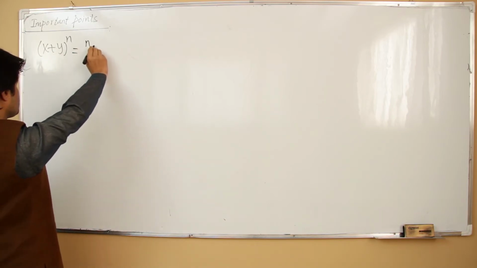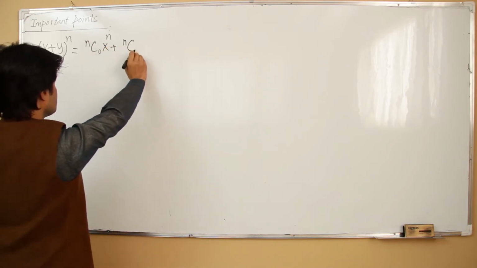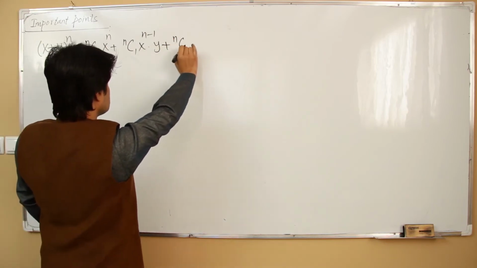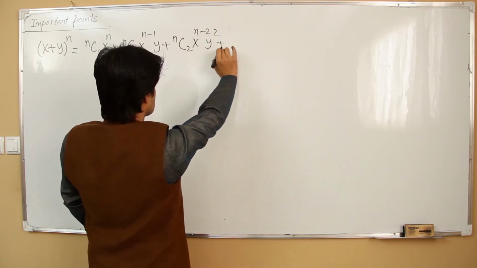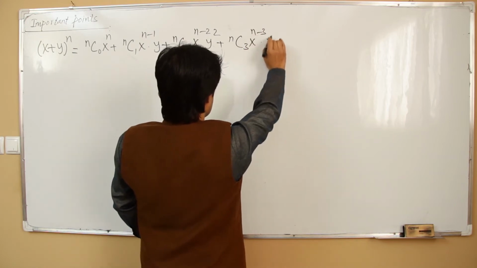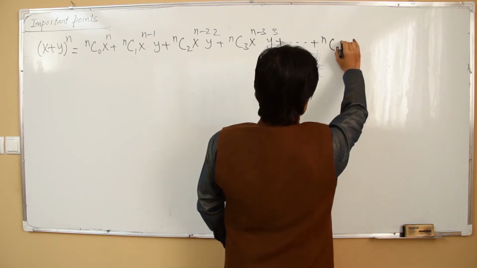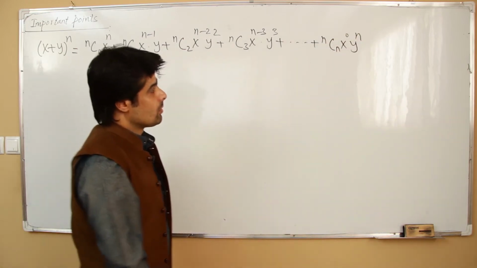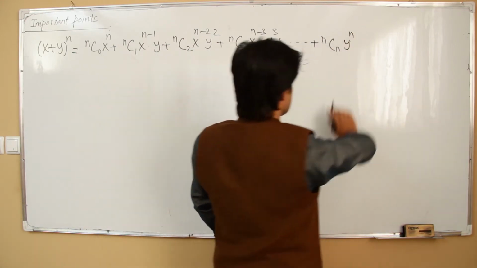It is nc0 x to the power n, nc1 x to the power n minus 1 times y, nc2 x to the power n minus 2 y raised to the power 2, nc3 x to the power n minus 3 y raised to the power 3, up to ncn x to the power 0 y to the power n. Am I right or not?